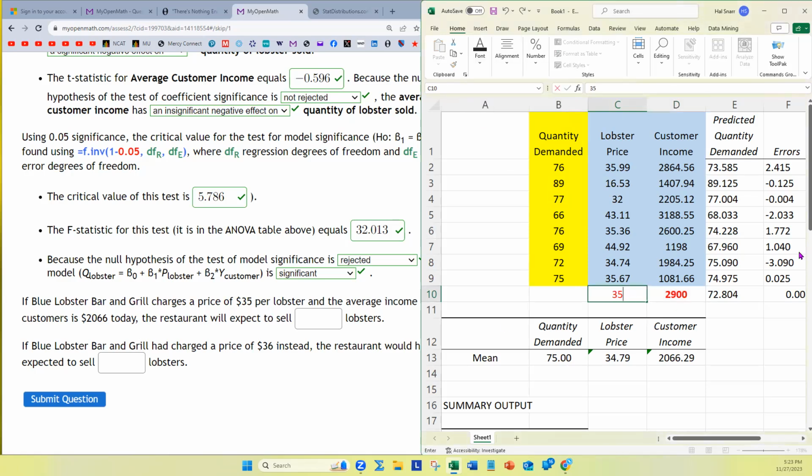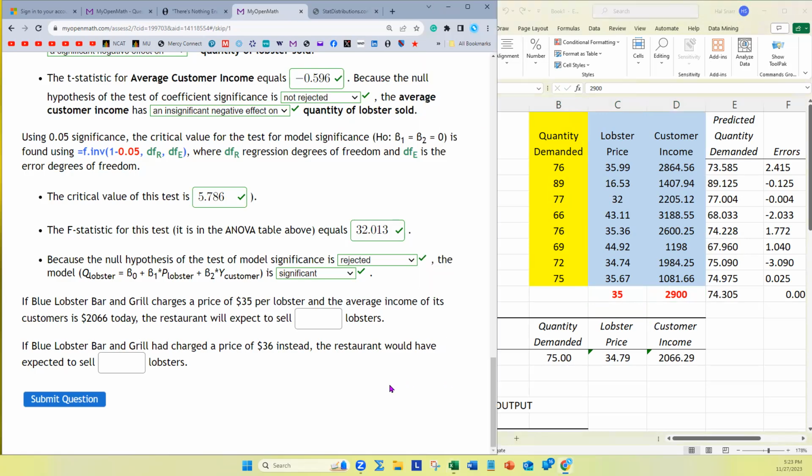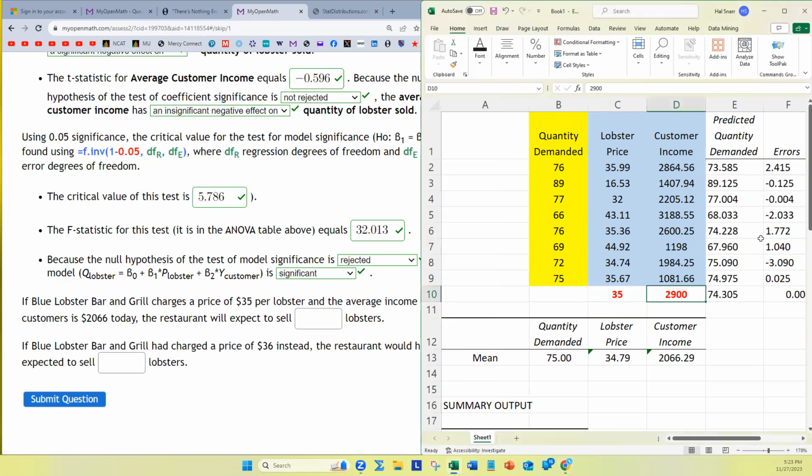So our lobster price is $35. And the average income of his customers is 2,066. Right? Restaurant expects to sell how many lobsters?